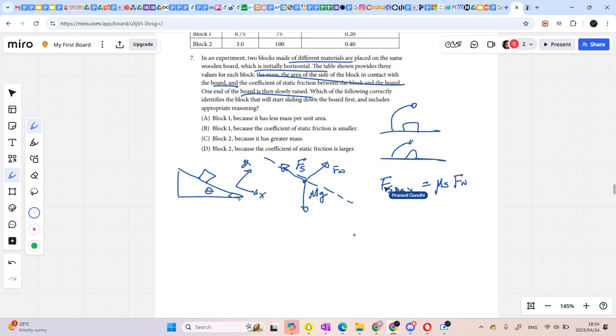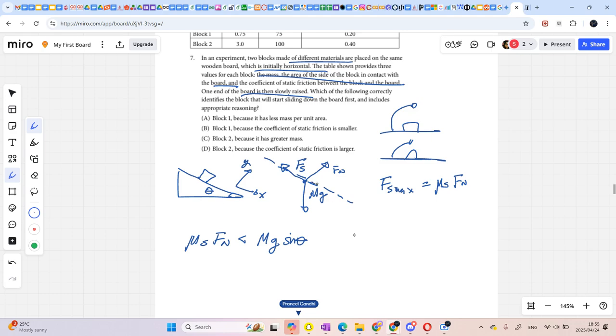When does the block begin sliding down? That happens when the x component of gravity is greater than the static friction. So static friction is going to be mu s times Fn. We're basically trying to figure out when that becomes less than the component of gravity along the incline, which is mg times sine of theta.